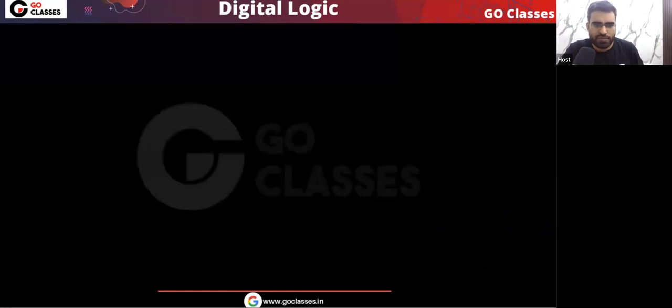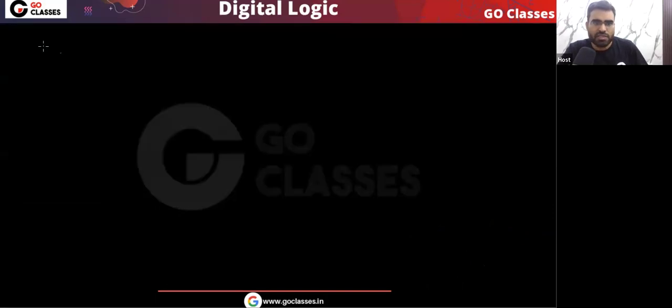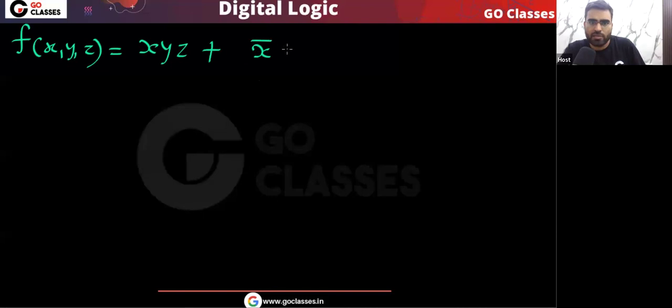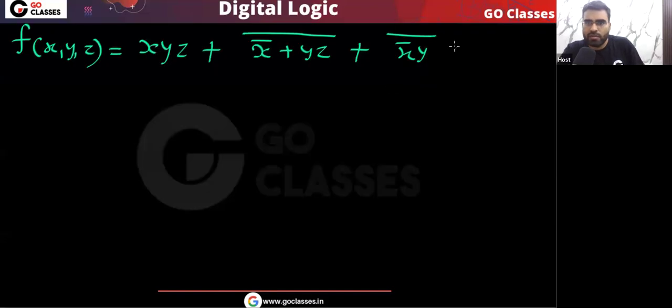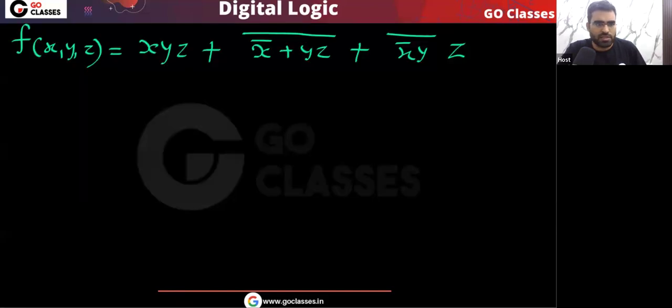F(x, y, z) is equal to xyz or (x bar or yz)whole complement, or (x bar or y)whole complement, and then there is z. So this is the function that is given to us.